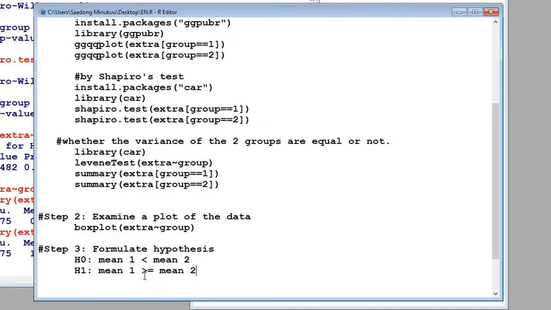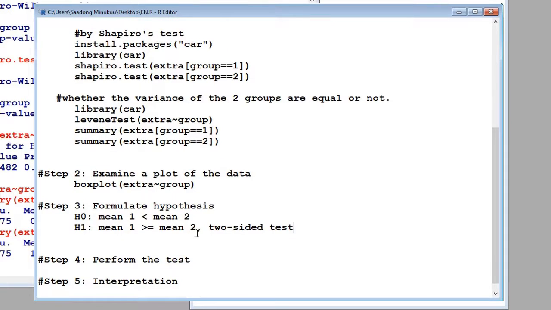Because if it were less than, that is purely one-sided. If it's greater than, it's purely one-sided. But if it's greater than or equal to, then it's two-sided. So based on the alternative hypothesis, we can say it's a two-sided test. And now we just move ahead and perform our t-test.